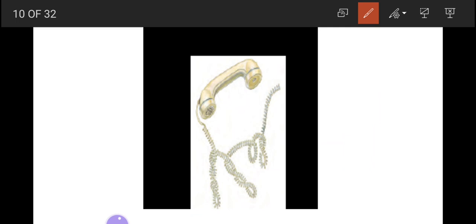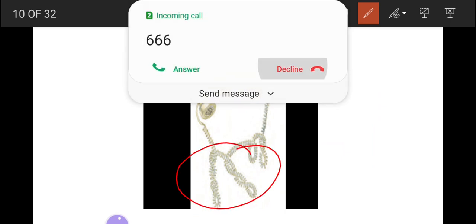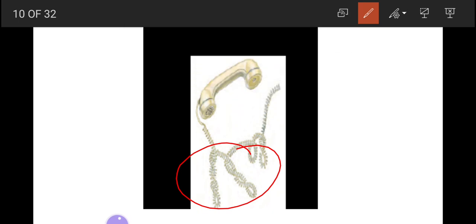This diagram shows a telephone cord. Supercoiling can be demonstrated by tightening one end of the helical telephone cord, and if it wraps around itself in space, tightening the coil, it is called positive supercoils.